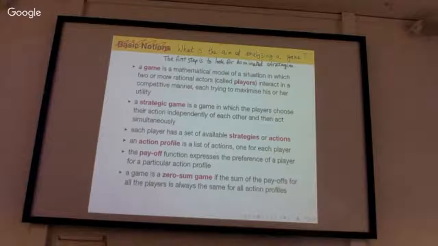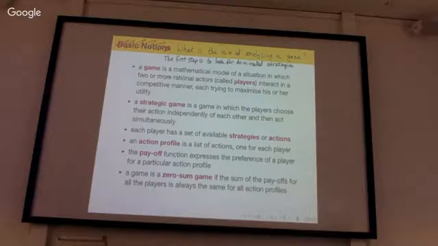Okay, now I got lost a little bit, thanks to your questions. But it's not a bad thing. This is just a summary of the things we had. What is a game? What are players? What we were looking at is called a strategic game, where the 2 players choose their actions unaware of the other player's decision, and then they play.